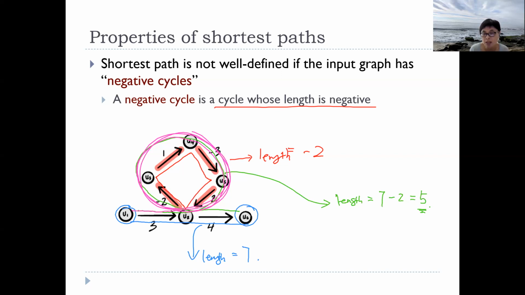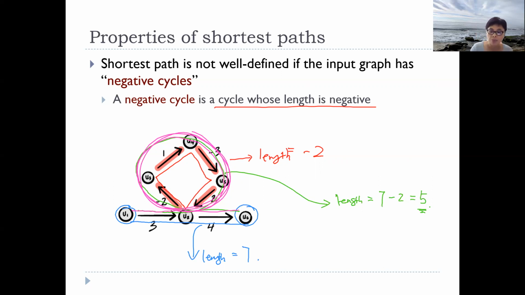So I can do this an infinite number of times, and then my length can be minus infinity, which means that I do not have a shortest path from U1 to U6. So the shortest path is no longer well defined if you have a negative cycle, because you can just keep looping around in it. Every time you loop around it once, your length becomes smaller, so you keep decreasing the length. So it's not well defined anymore.